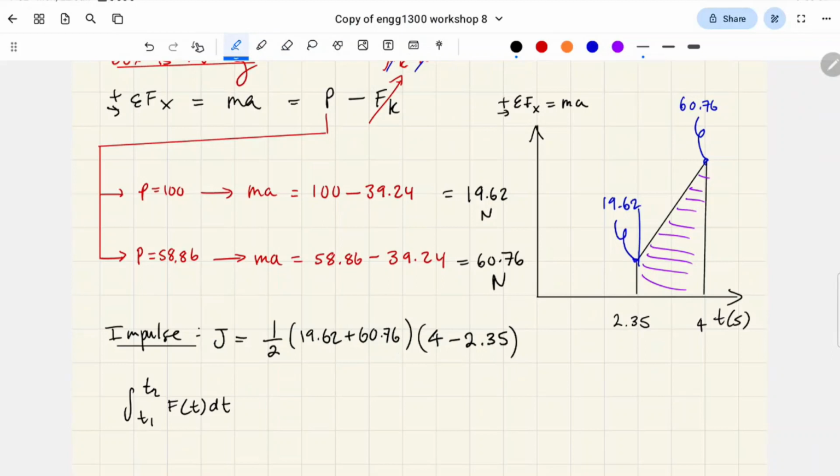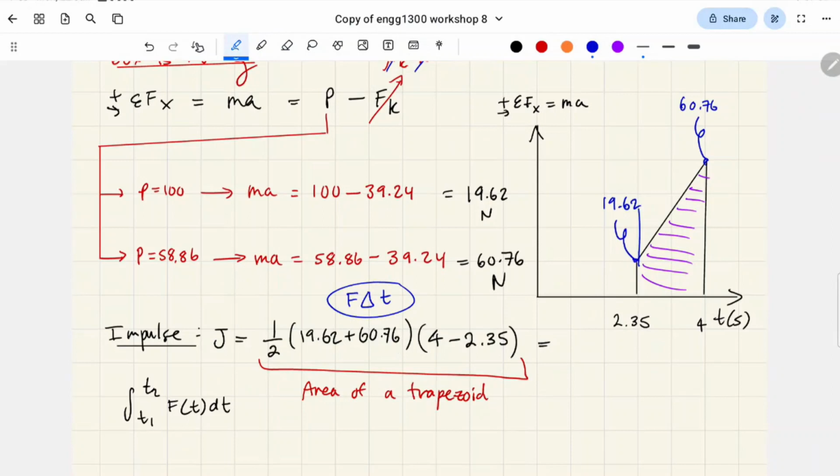So that's simply the area of a trapezoid. Finally, we've basically just been implementing this kind of formula. That's a lazy way of writing it, it's not technically that, but anyway, that is equal to this.